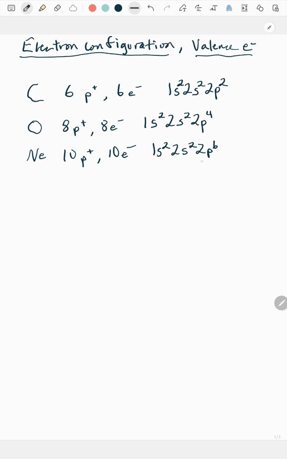There are 3 p orbitals, and remember, each can hold up to 2 electrons. So a total of 6 electrons can go into the 2p orbitals, since there are 3 of them.